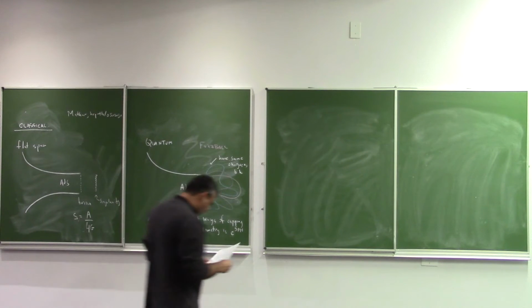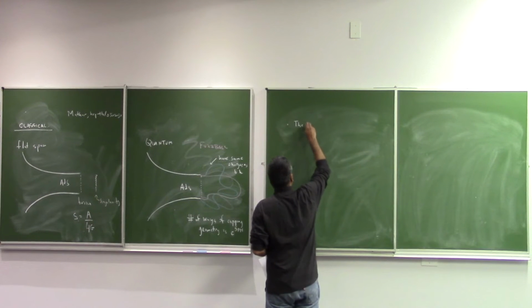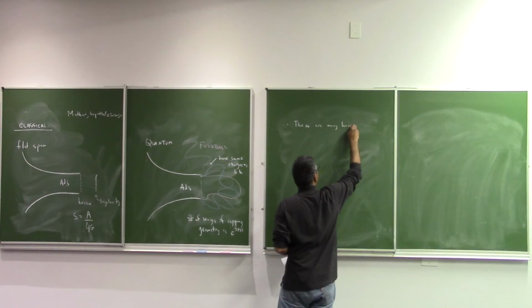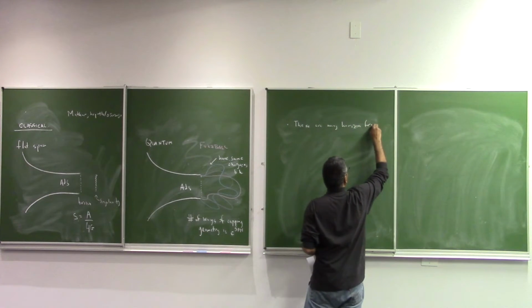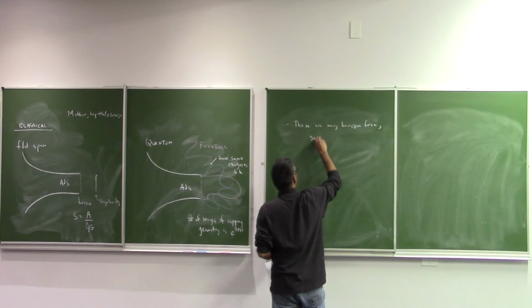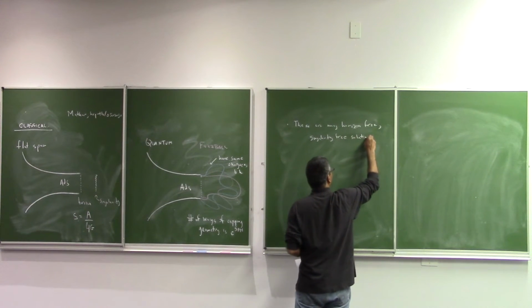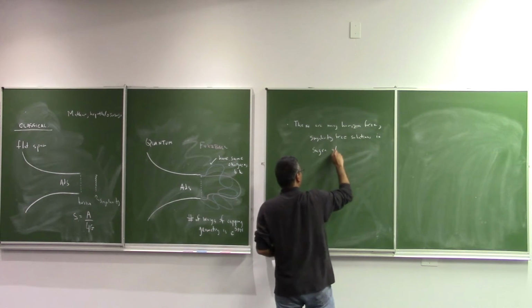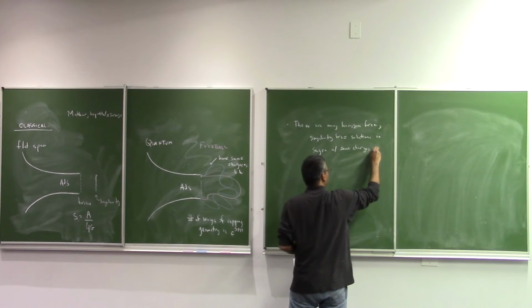So the first point is there are many horizon-free, singularity-free solutions in supergravity with the same charges as the black hole.